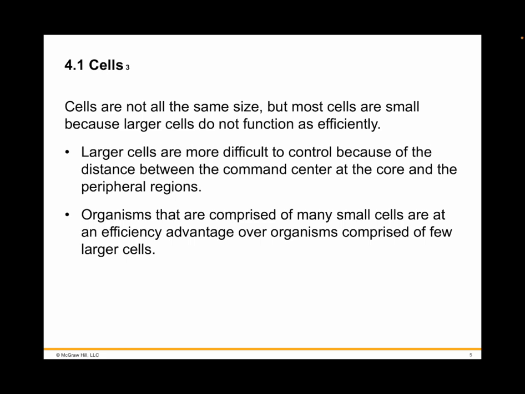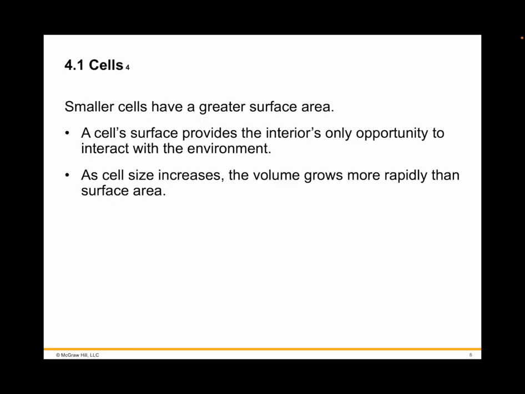Hence, these orders must pass through the core to all parts of the cell, and it takes a single molecule a long time to reach the periphery of a large cell. So this is why an organism composed of relatively small cells has an advantage over one made of large cells.